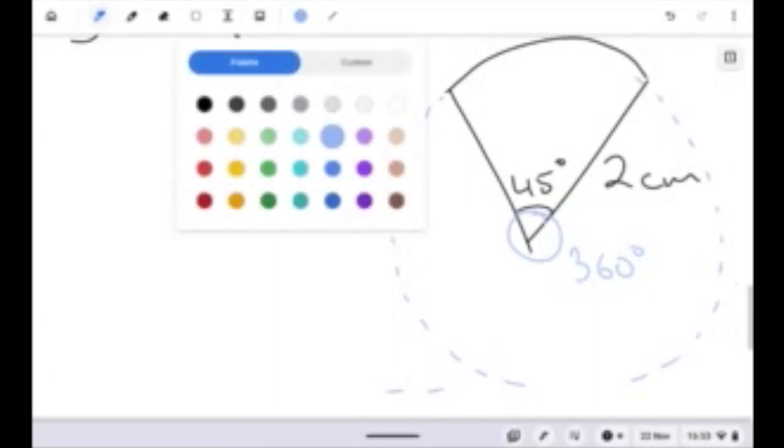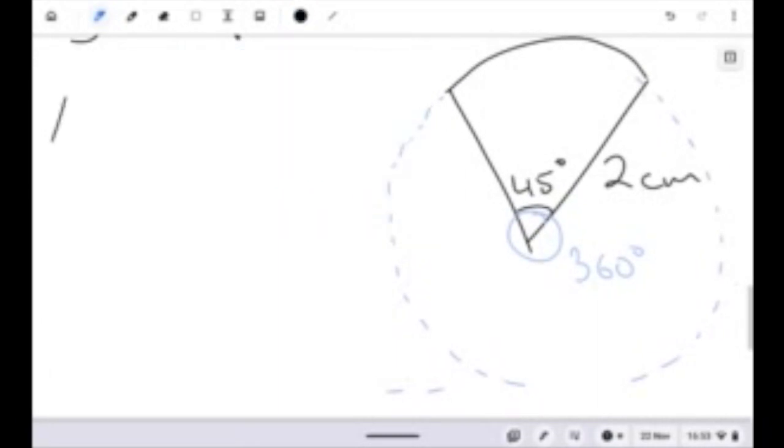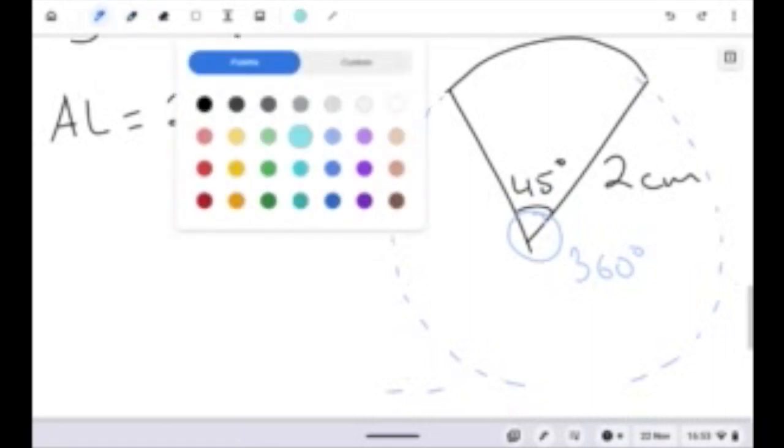So what I'm going to do is find my regular arc length by doing 2 times pi times my radius. Now, what's my radius here? Well, it is 2 centimeters. So I'm going to pop that in there. But what portion of this whole am I taking out? Well, the portion that I'm taking out, let's do this in a darker color.